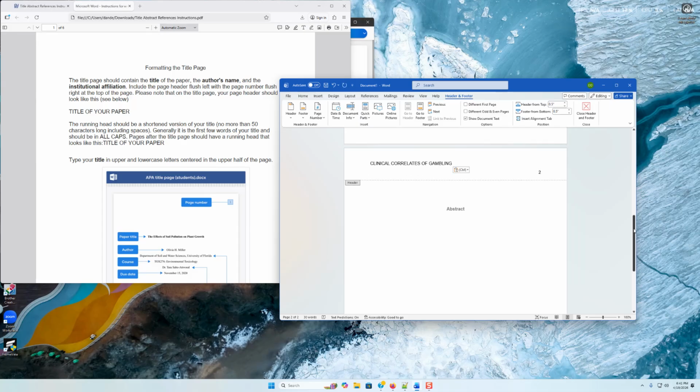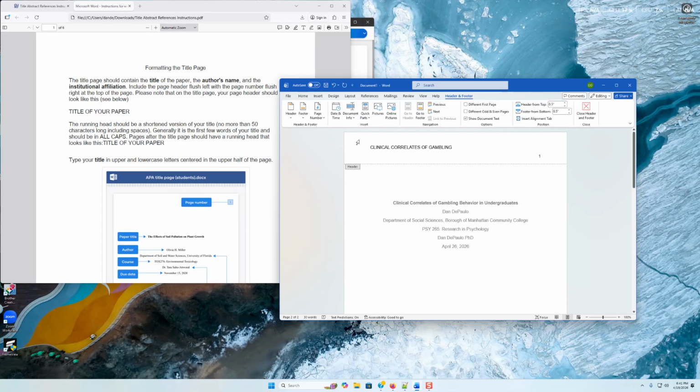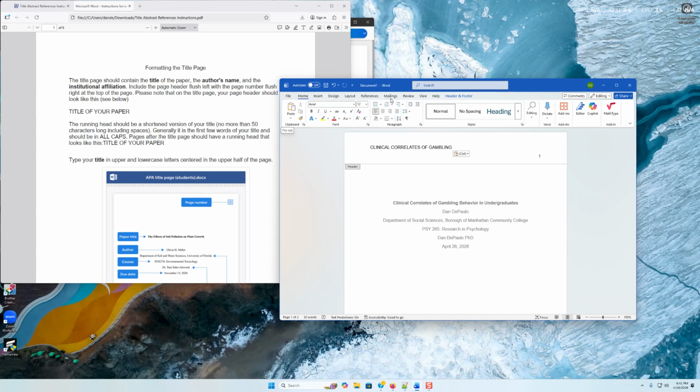The problem with this is now it's going to be on the first page, and you're going to have to change this first page header, right? So there is a thing here where you can change the first page header. I have to find it. Let's see where the header thing is. It should be under layout.